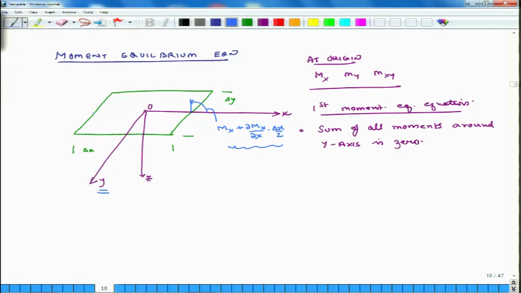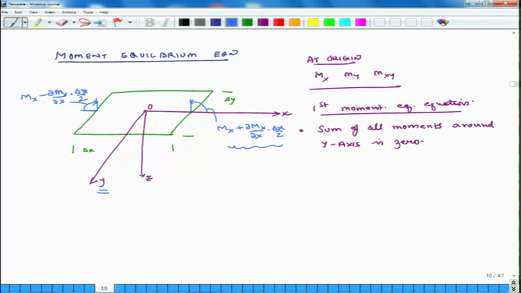Similarly, on the other side we will have a similar moment acting in the other direction. So, this is Mx minus del Mx over del x times delta x over 2. So, this is one moment which is causing it to rotate around the y axis.